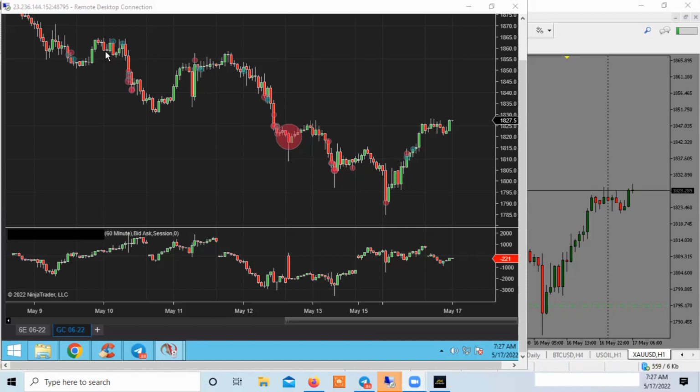The first thing is, when gold was being bearish here, we could see that a lot of people were taking profit here. If you look at this, you're going to see a number of 1,410, and you see the P 1,820.